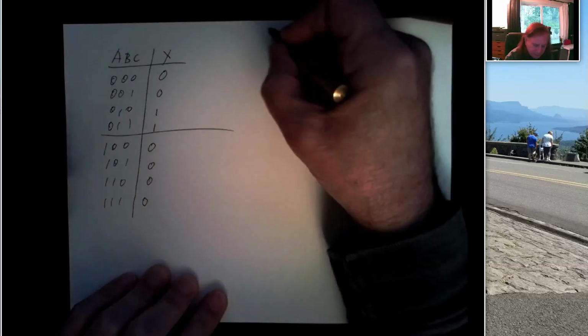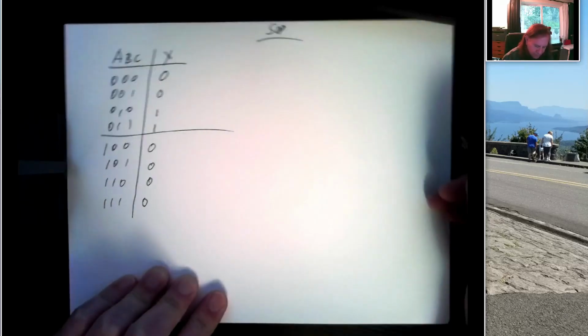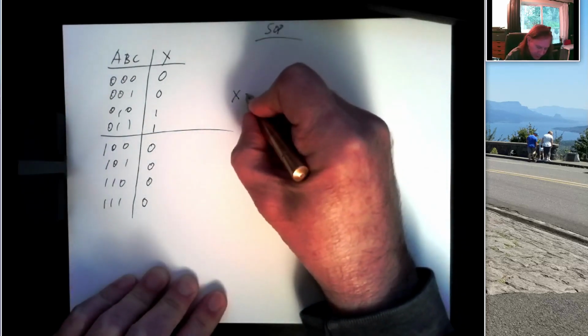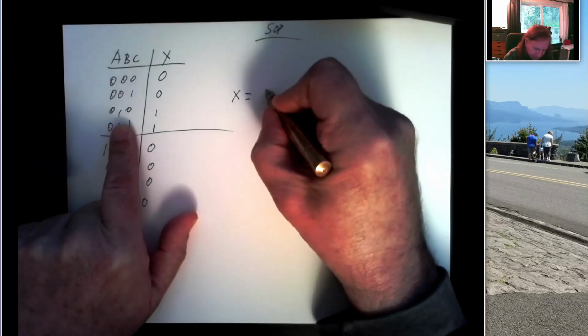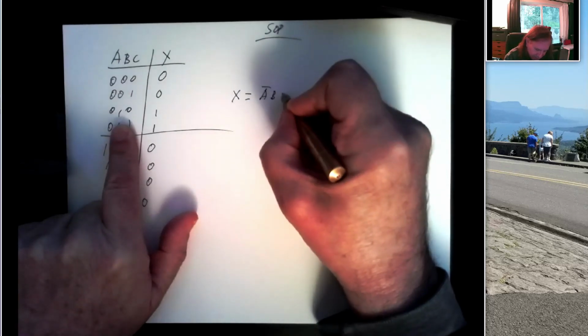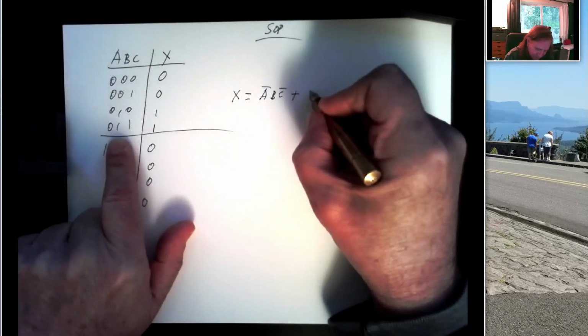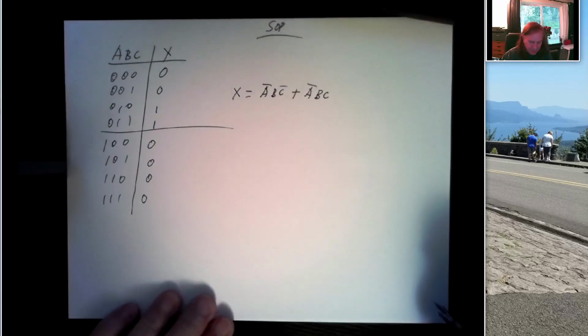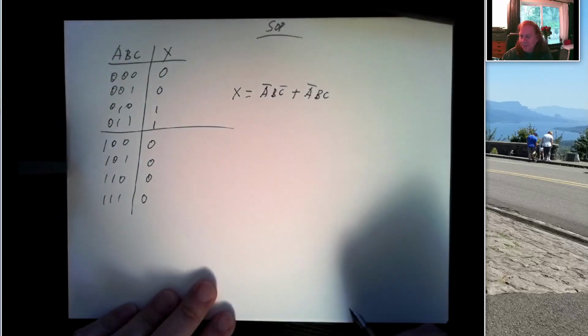And we'll stick with sum of products for now. So if I write this out as a sum of min terms products, this third row corresponds to A bar B C bar, and this fourth row is A bar B C. So there's an expression for x.